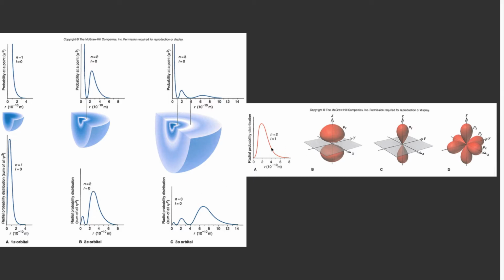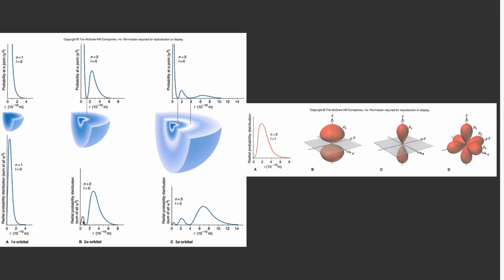Here's the corresponding p orbital. This is the radial probability distribution. As you go out along the axis that the orbital lies on, you'll notice that the most probable distance for the 2p orbital is actually a smaller value than the most probable distance for the 2s orbital. But this inner lobe is inside any of these n equals 2.